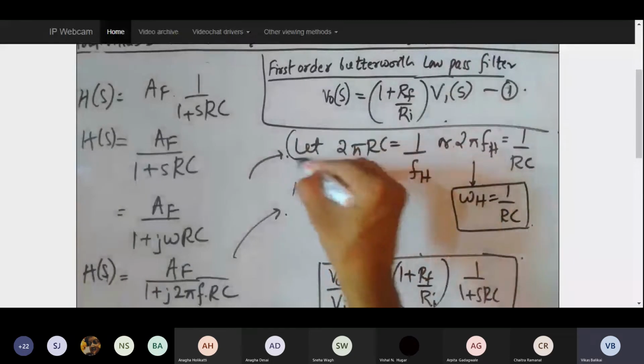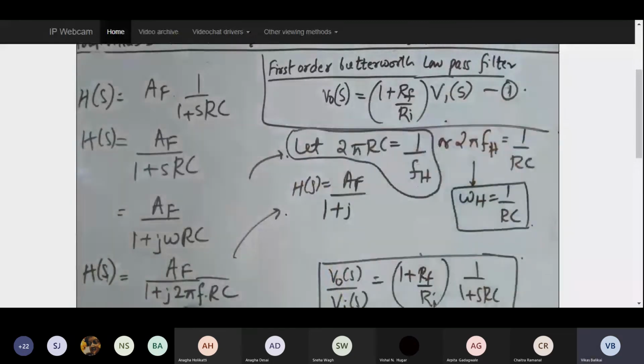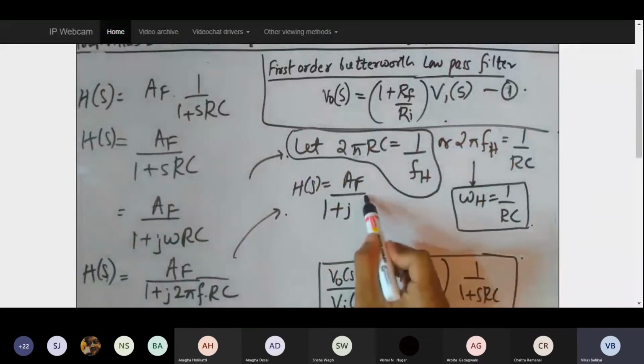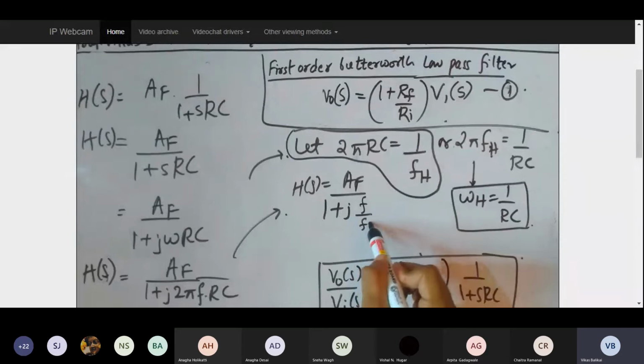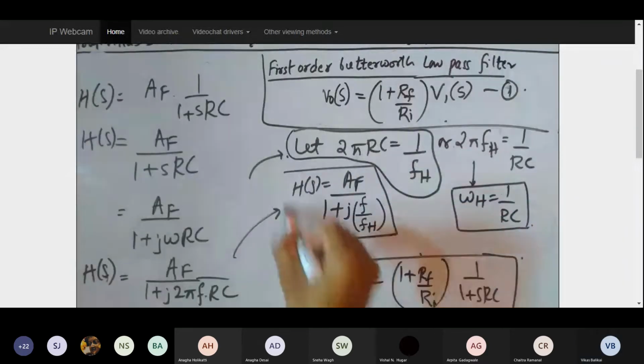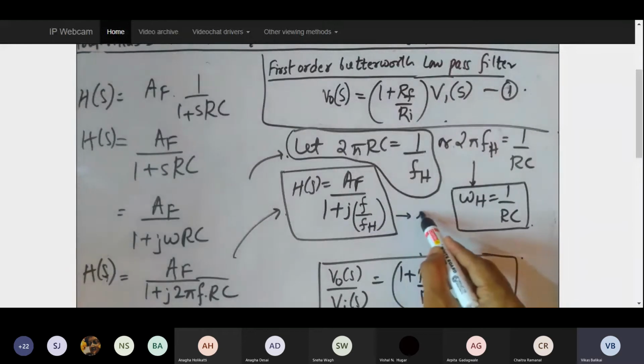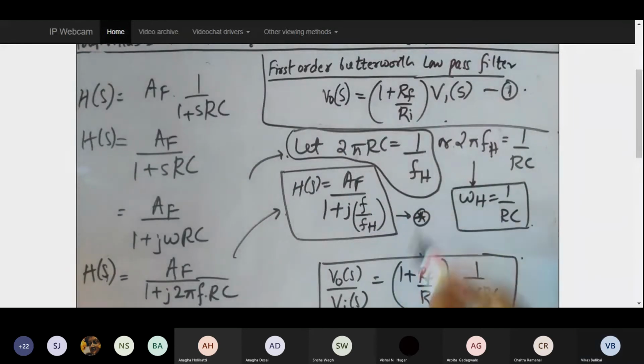You have written 2 pi RC as FH, and F is already present over here. So can I write F divided by FH? The equation marked with a star, what I did over here, I just replaced 2 pi RC by 1 by FH.